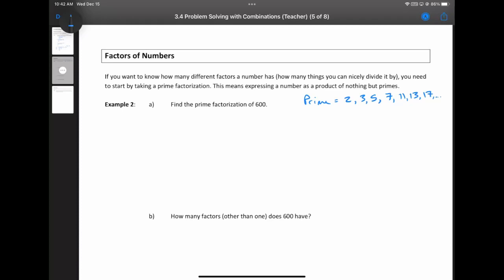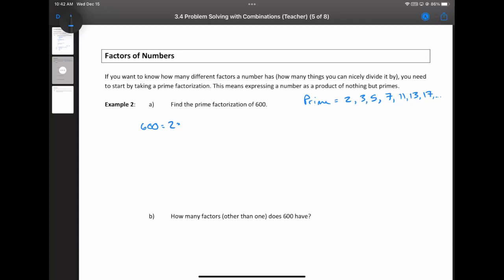The first method, I want you to think about it this way. 600 is equal to something times something. Now I could pick any two numbers I want, but I'm going to try and pull out the smallest prime I can just because it makes life easier. So I'm going to say it's equal to 2 times 300, but I'm not going to write the 300 down.